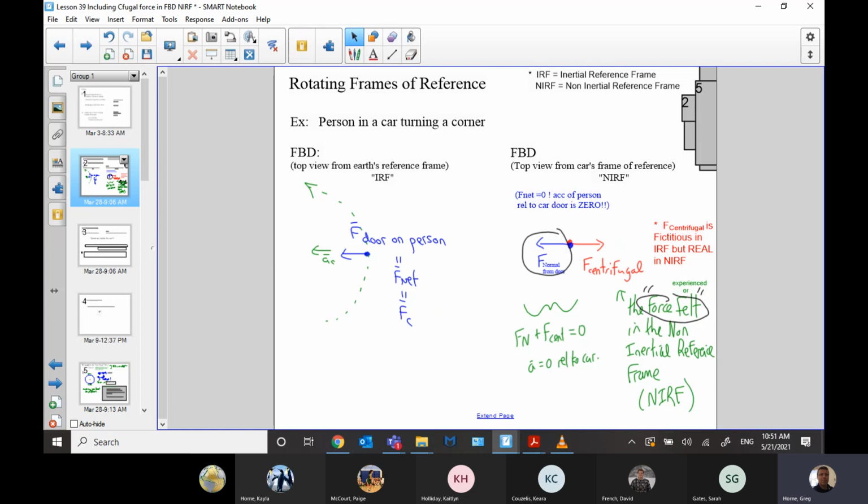And so here, the centrifugal force clearly is not a real force, and it's felt sort of because of the non-inertial reference frame. Gravity is very similar to that, but not because of a non-inertial reference frame. Instead, it's because of your proximity to a large mass, which is warping space-time.